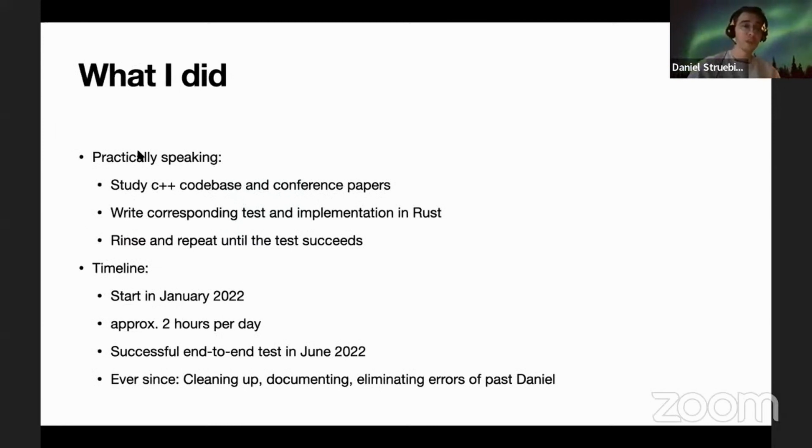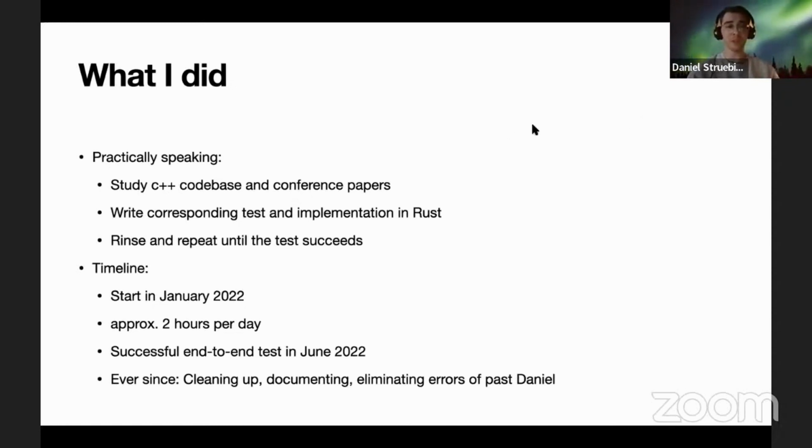So what does it do, practically speaking? Well, what is it I actually did? I simply studied the C++ code base. I definitely have a fair bit of familiarity with C++. I took a look at the C++ code base and the conference papers I mentioned a minute ago.